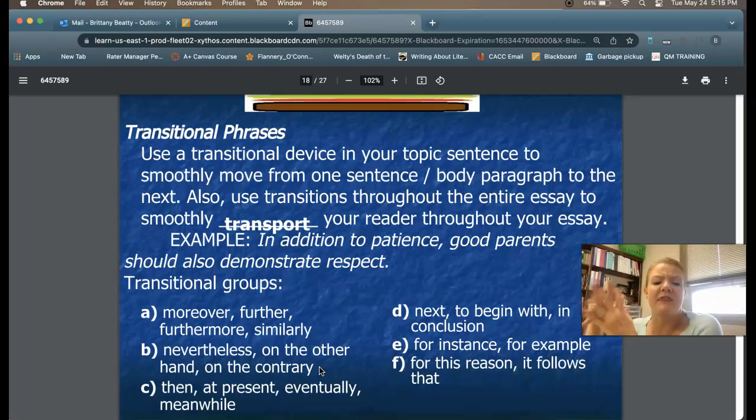Time words like then, eventually, meanwhile, next, to begin with, create a chronological order of your evidence. For instance, or for example, are transition phrases we would use before specific evidence. And for this reason, and it follows that, are transitions you would use at the beginning of commentary.